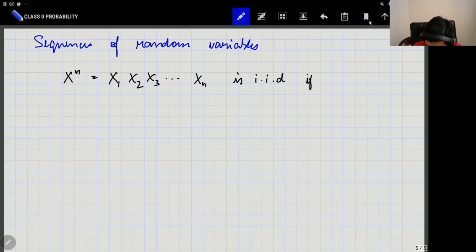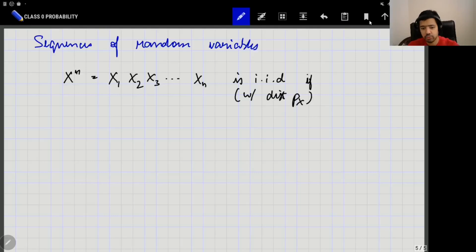If all of these Xi's are jointly independent and they all follow the same distribution, say PX. So this is IID with distribution PX if the following happens.